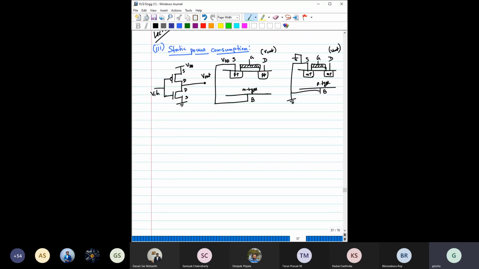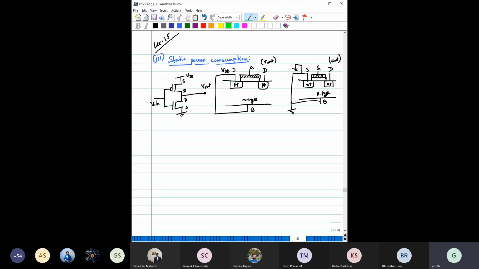So the third thing which we are going to start today is the static power consumption. What do you mean by static power consumption? Static power consumption is when the input as well as the output are fixed. Say you have given 0 volt or VDD, fixed it. Then at least one transistor would be off: for V in equal to 0, one transistor would be off, and for V in equal to VDD, the other transistor would be off.